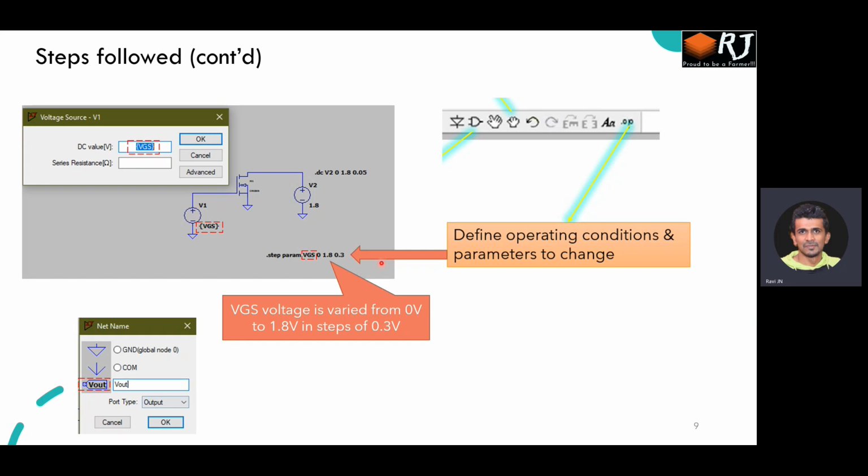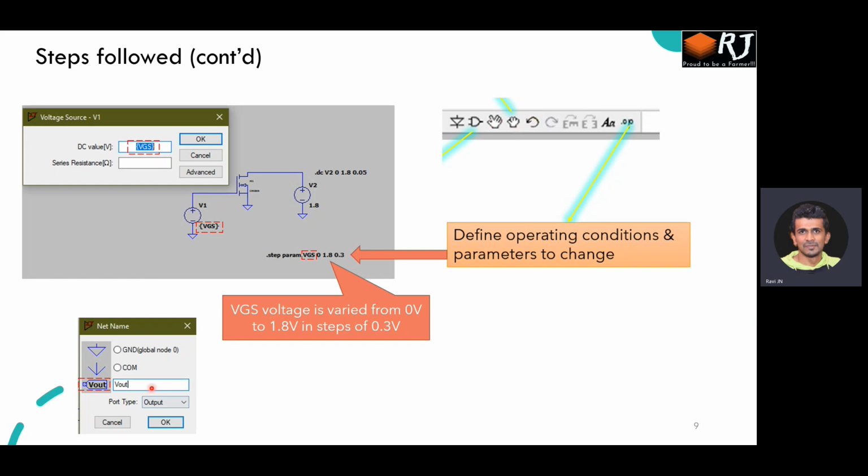Okay. Then there is one more option where you can put the label for your nets. Let's say I want to put a label for this input signal being V1. You can do that using this option. You can go to net name under the same option bar, whatever you saw on top right.